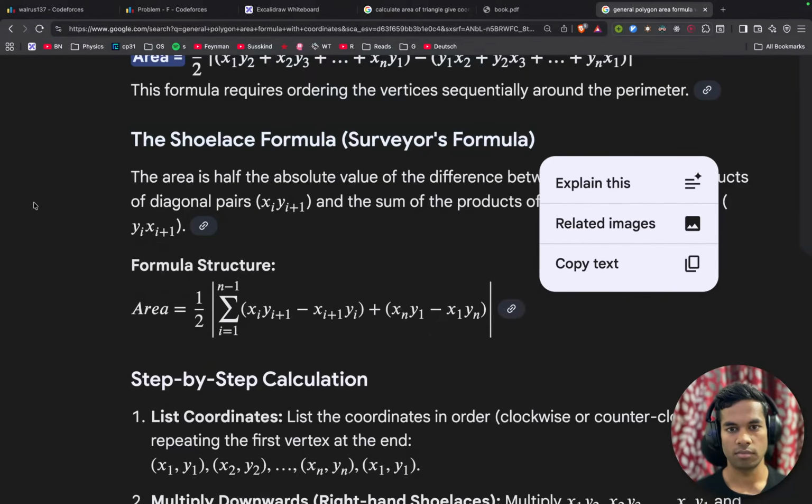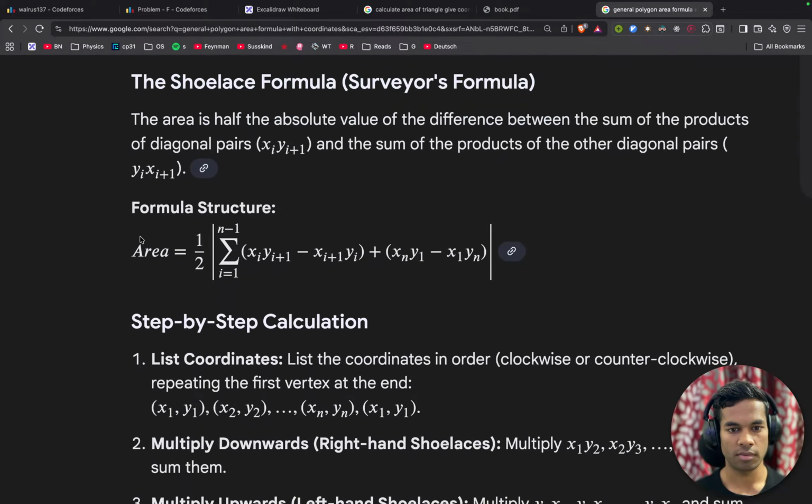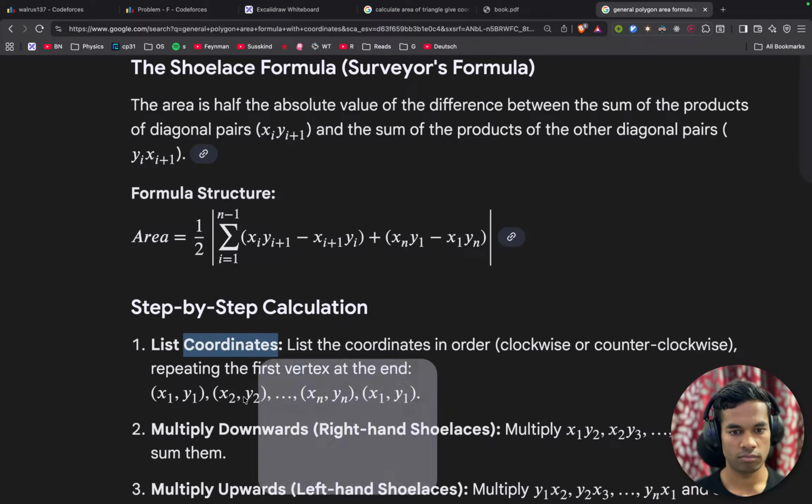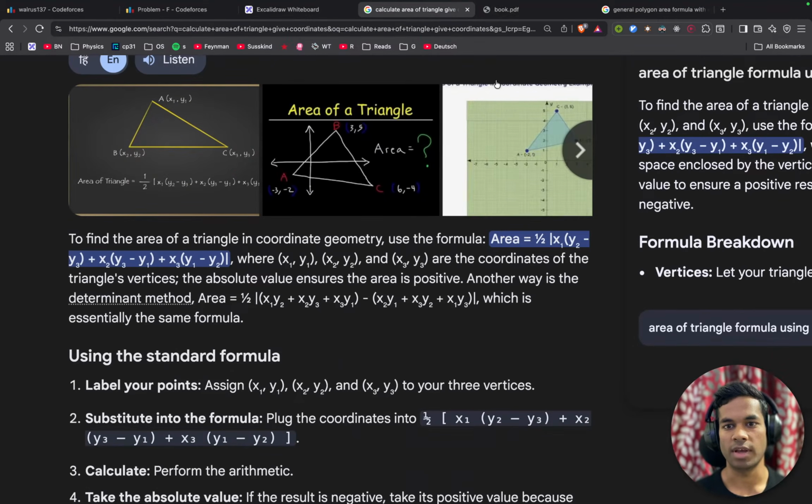Shoelace formula, surveyor's formula, something like this. Okay, whatever. Let's go back to the book.